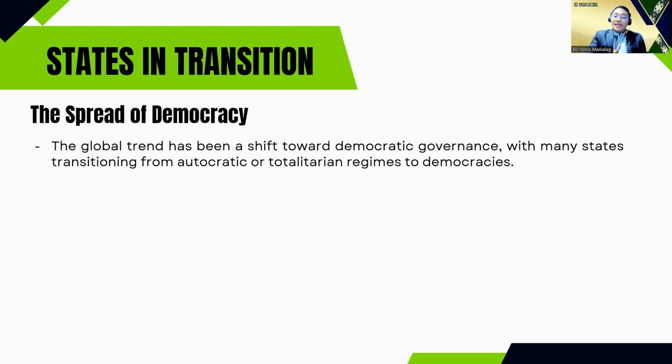Now, a notable example of this trend can be observed in the transformation of many Eastern European nations that shifted from communist regimes to democratic governments. These changes have often led to liberalization and integration into the global economy, as seen in the case of Poland, which has developed into a democratic state with a growing market economy since the fall of communism.